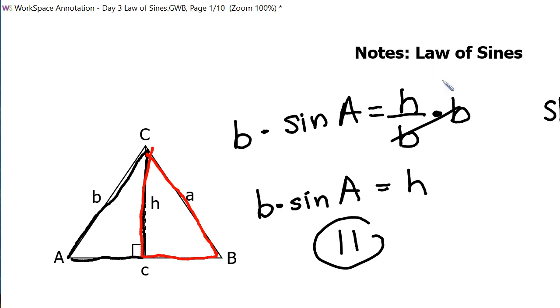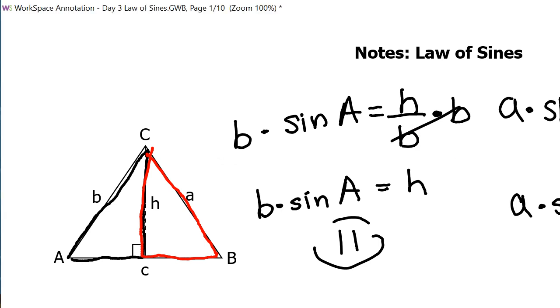H. And what is the hypotenuse? A. Just like we did on the last equation, we're going to solve for H. So if H is being divided by A, the opposite would be multiply both sides by A. So that will give us A times the sine of B is equal to H.